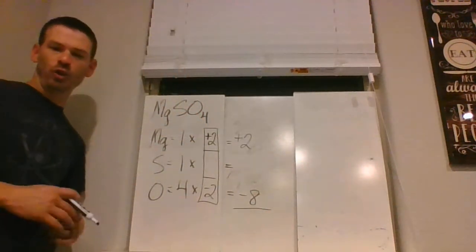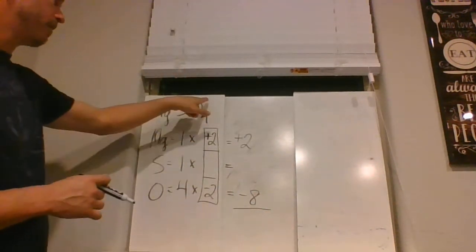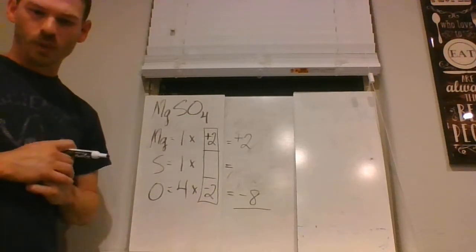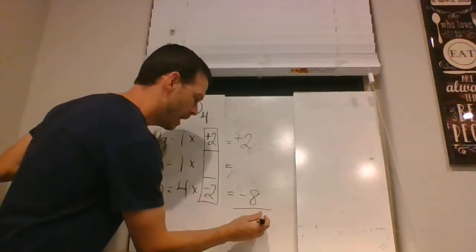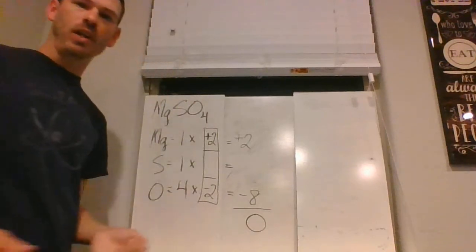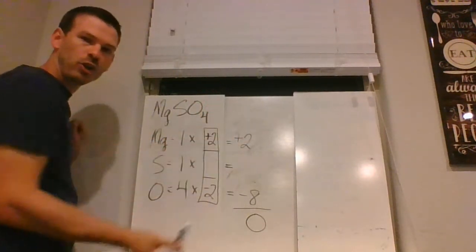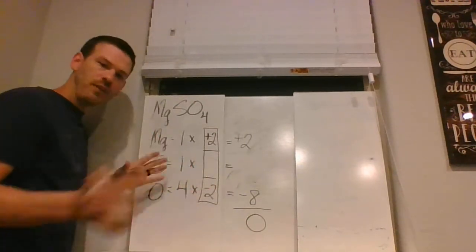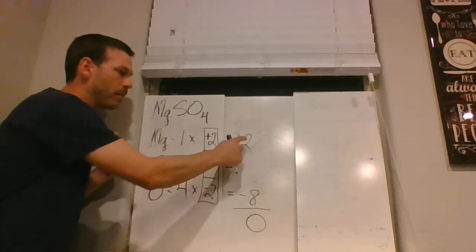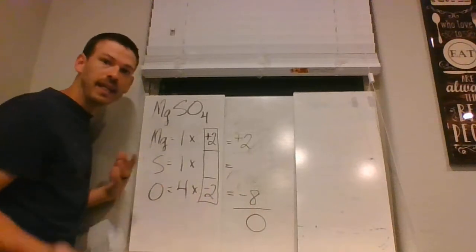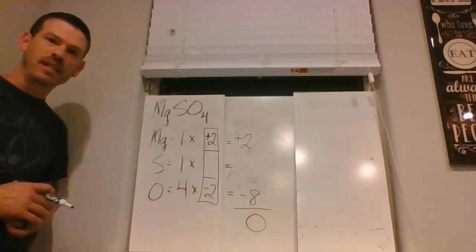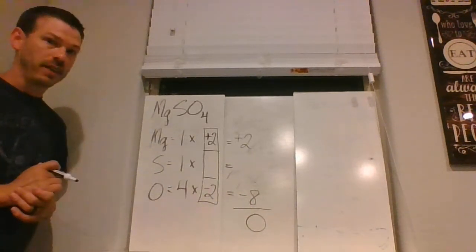And I know that the total charge of the compound, since it doesn't have a charge dictated, is going to be 0. Now keep in mind, if you're dealing with an ion, like a polyatomic ion with a -3 charge, everything would stay the same, but you would want these to equal -3 instead of 0, since it doesn't have a net charge of nothing.